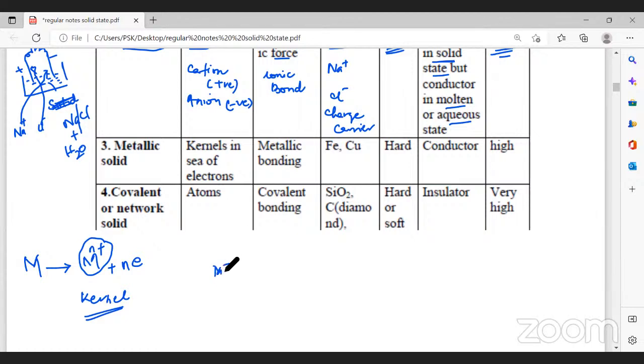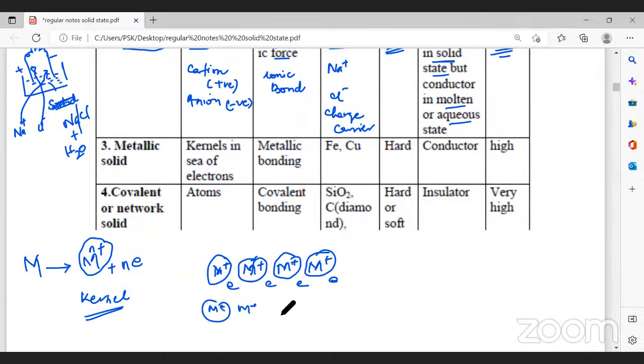If I represent positively charged metal ions like this, M stands for metal ion, they're all positive, and I show you electrons like this. Here also metal positive, here also metal positive, and we have electrons.